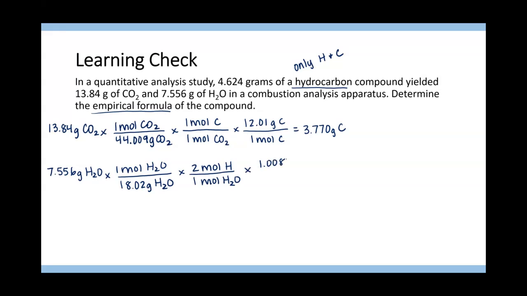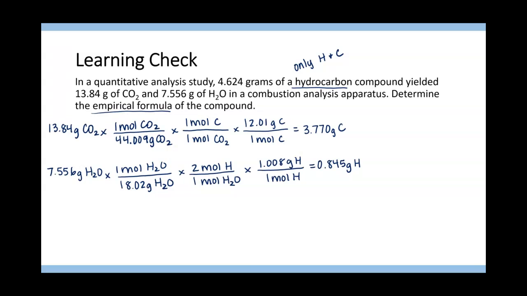Multiply by the molar mass of hydrogen. And we get 0.845 grams of hydrogen. So that's the amount of carbon, amount of hydrogen reacted in the original sample.